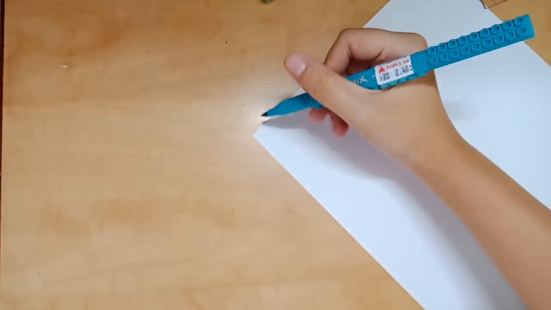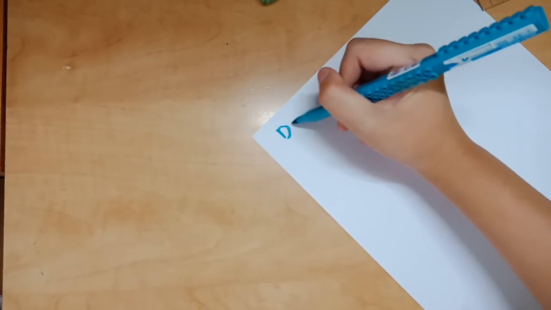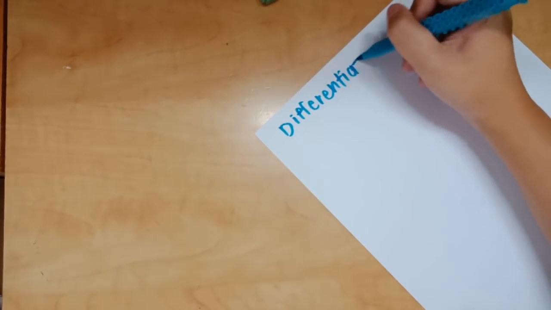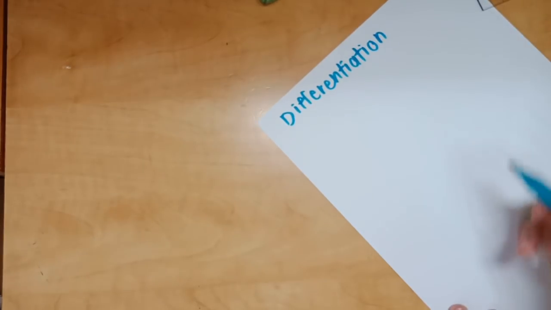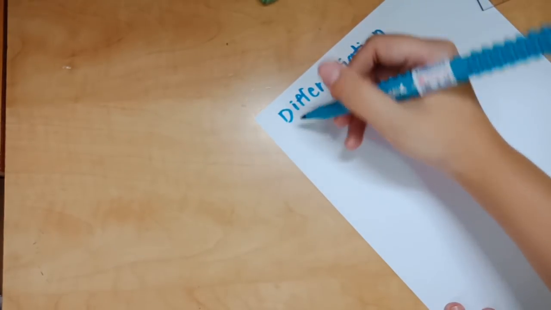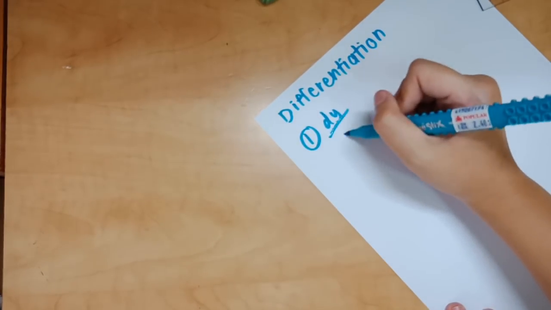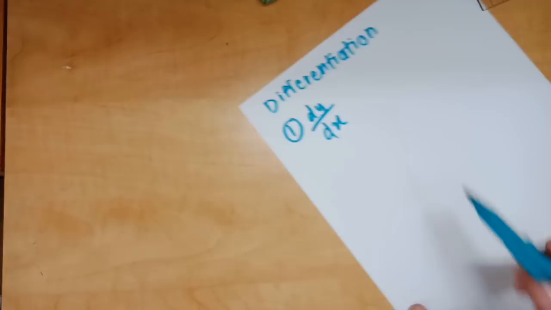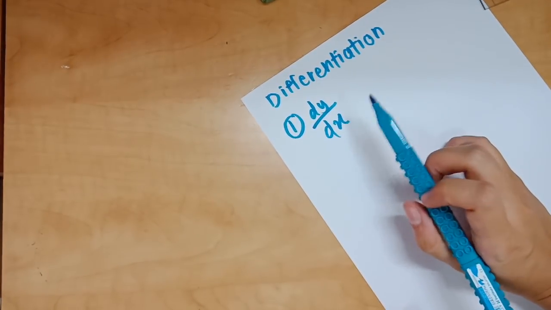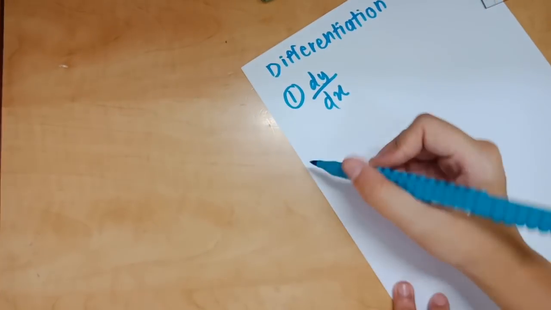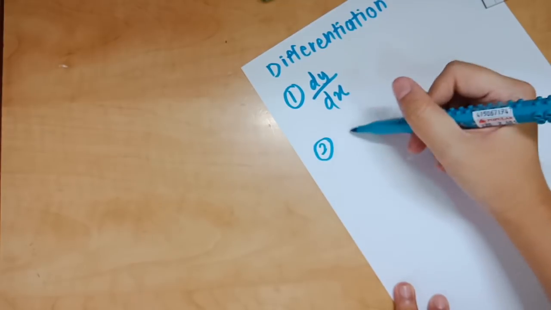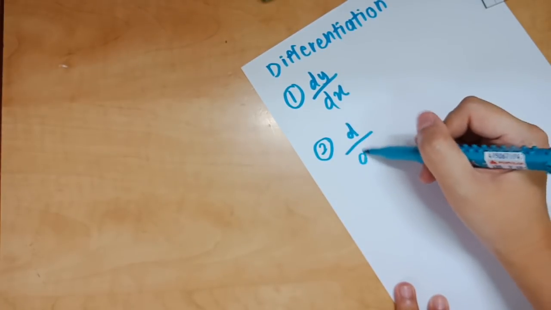Differentiation can come in a few forms. First of all, you have dy/dx. This means differentiate y with respect to x. This is the first form, and then sometimes they'll give you d/dx.